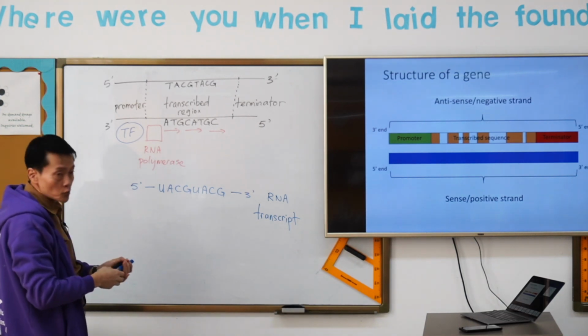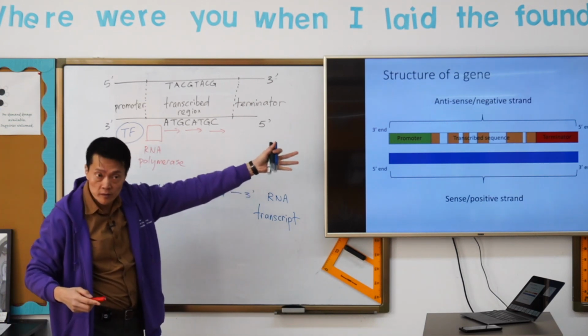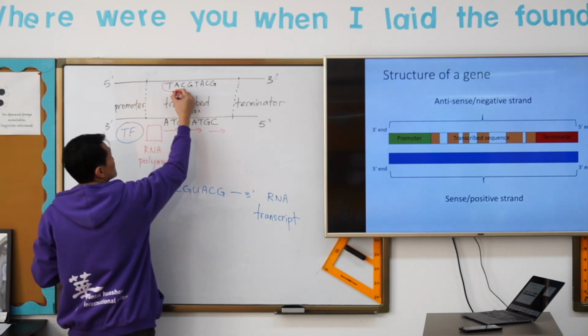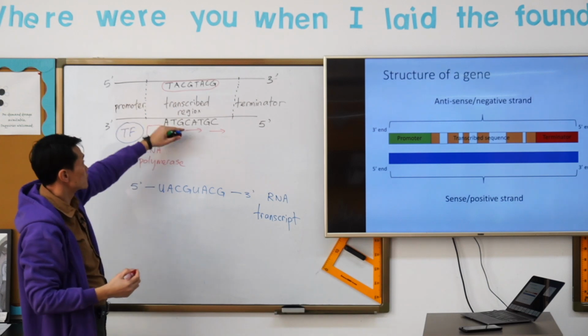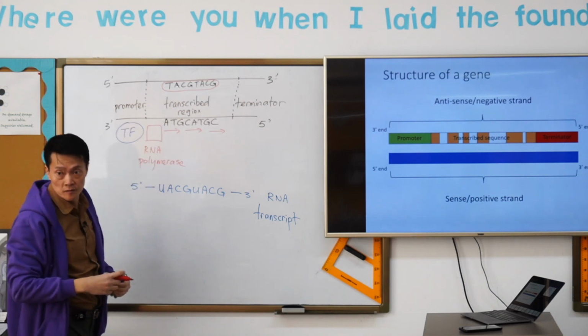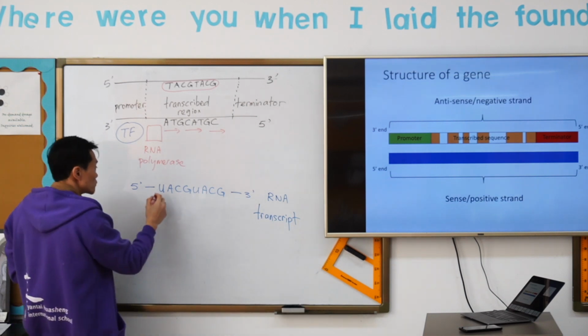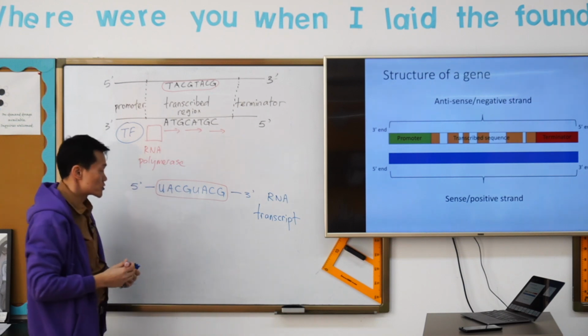Now, I want you to notice something, then we can understand why we use the words in the way they are used. You look at this sequence here that is complementary to the transcribed region. Notice the sequence of bases. Then pay attention to the sequence of bases on the RNA transcript as well.